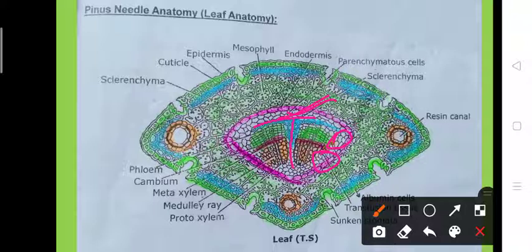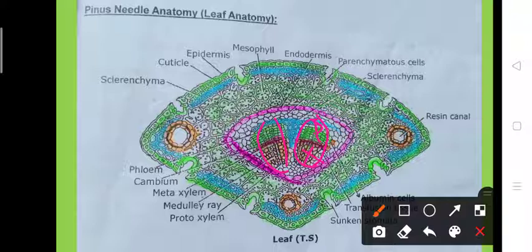Coming to the parenchyma cells, which are present in between the two vascular bundles and endodermis. These parenchyma cells help in transport from vascular bundles to mesophyll. Next, albuminous cells. These are the vascular bundles. This is the phloem part, this one is xylem part.